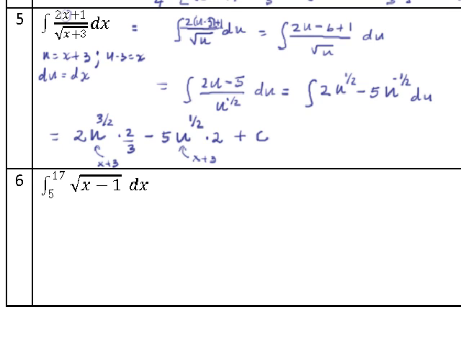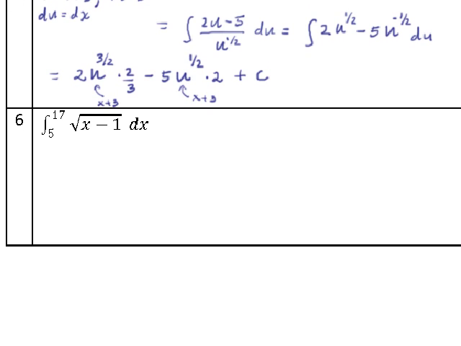Okay, let's look at this last integral. This is a definite integral from 5 to 17. All right, again, linear substitution. Let's put u equal to x minus 1. du is dx.